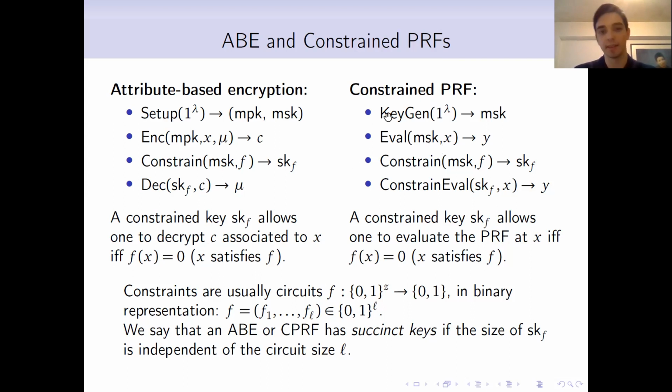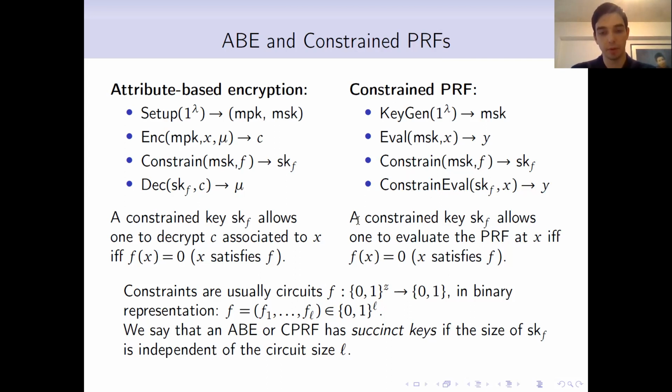On the other hand, a constrained PRF is composed of these four algorithms where the key generation and evaluation are the same as in a regular PRF. Then we have the constraint algorithm, which generates constrained keys, and the constraint evaluation algorithm, which calculates the output of the PRF using a constrained key instead of the master key.